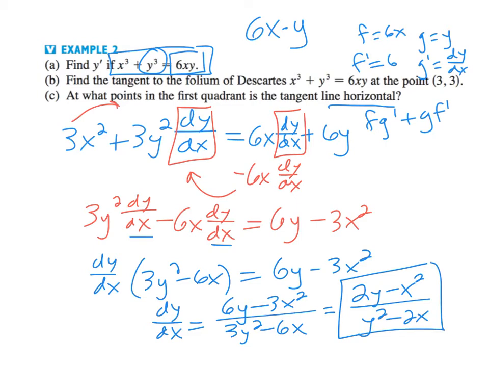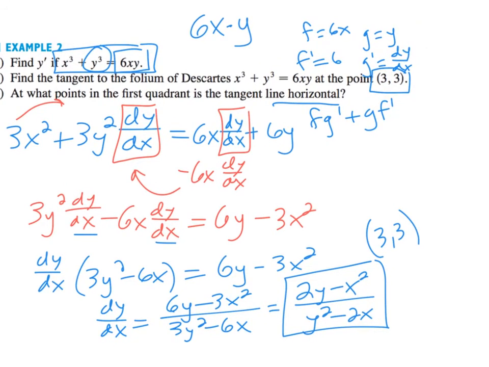There's my derivative. And so to answer the next set of questions here, finding the equation of the tangent line at the point (3, 3). So here's my point. You'd have to sub in 3, 3 for x and y in this case to find slope. And so if I sub in 3, 3, I get 2 times 3 minus 3 squared all over 3 squared minus 2 times 3.